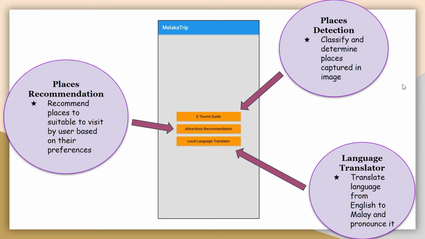While the last button, the local language translator, is the language translator function which can be used to translate the language from English to Malay, and it has a speaker button which can pronounce the translated text for the user.